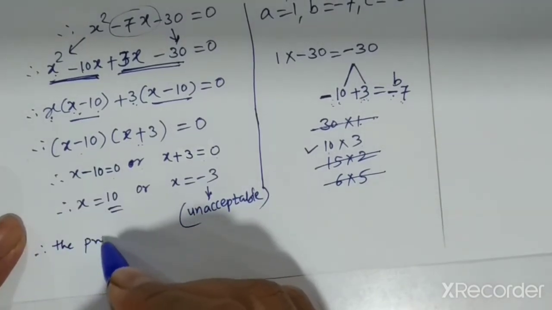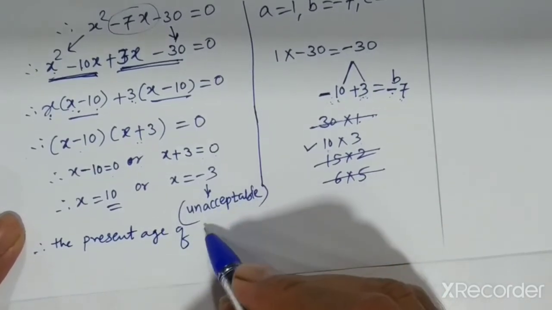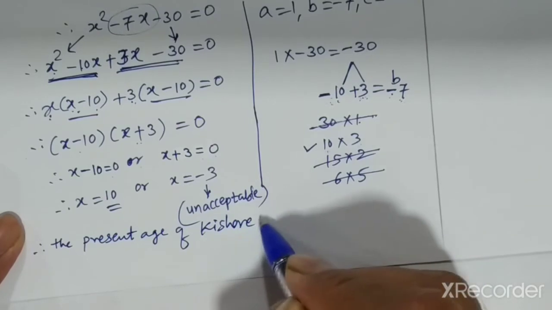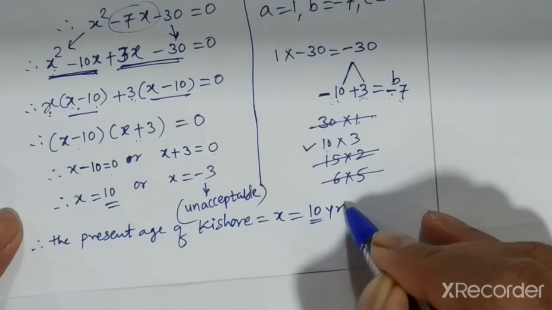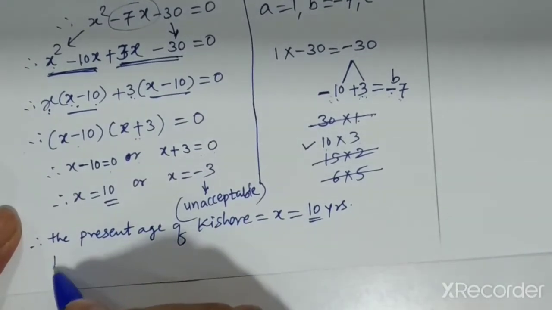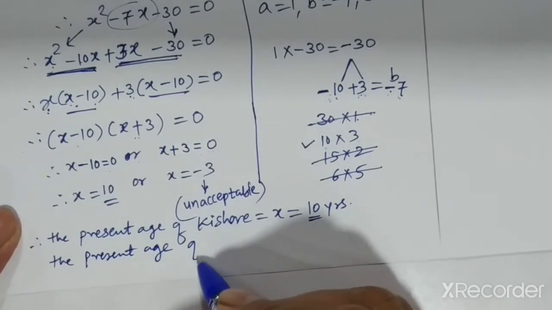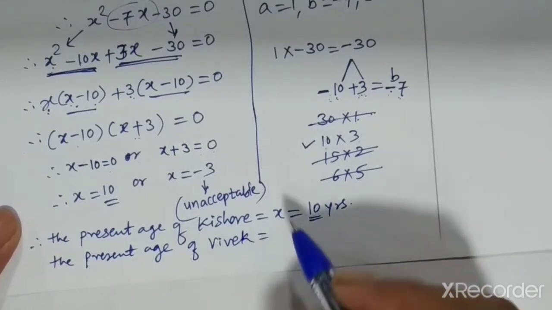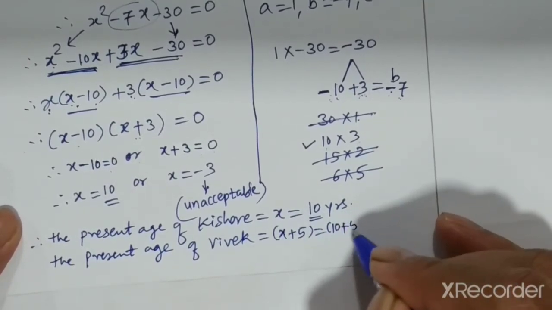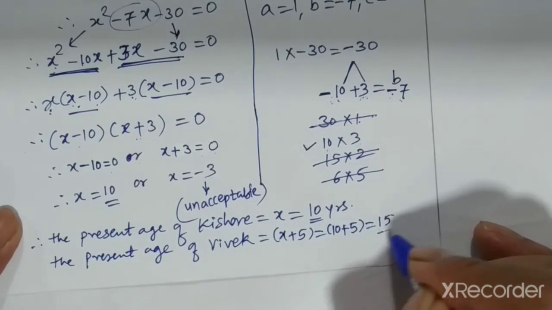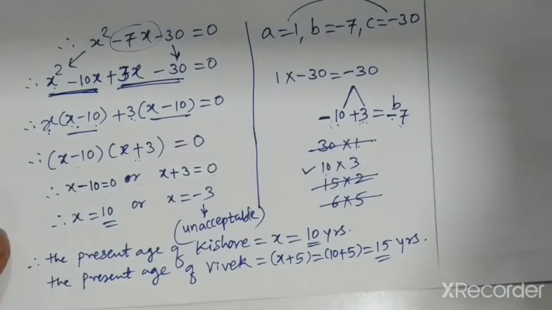The present age of Kishore is x is equal to 10 years and the present age of Vivek is x plus 5 is equal to 10 plus 5 is equal to 15 years. So this is the answer.